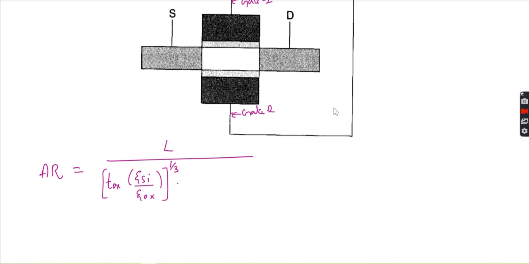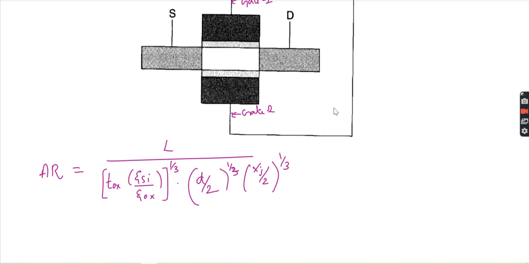This will never change, right? Then what happened? Previously it was d, but now the total d becomes half, that is your depletion depth, it becomes d by 2. Then the junction also becomes half, so it is again 1 by 3.